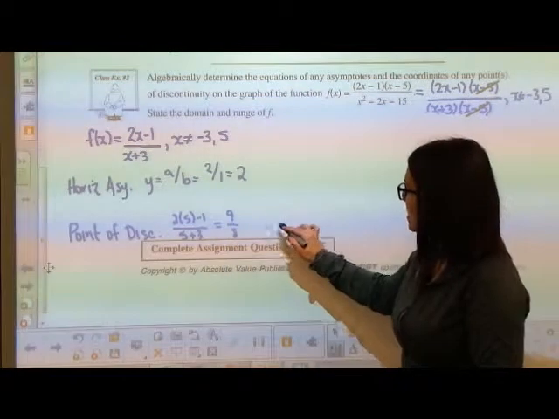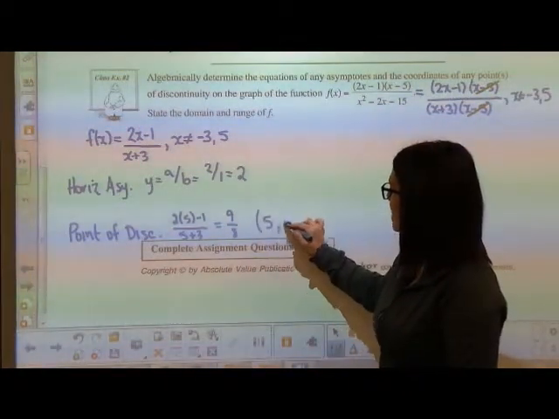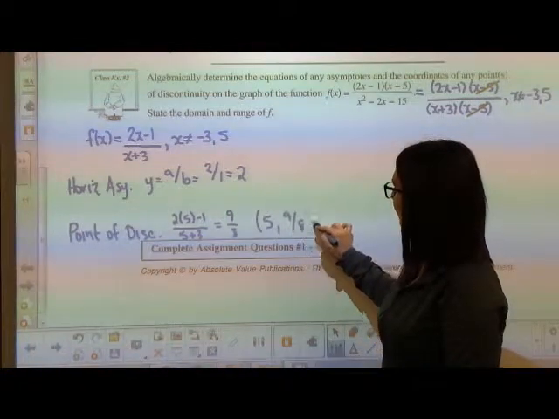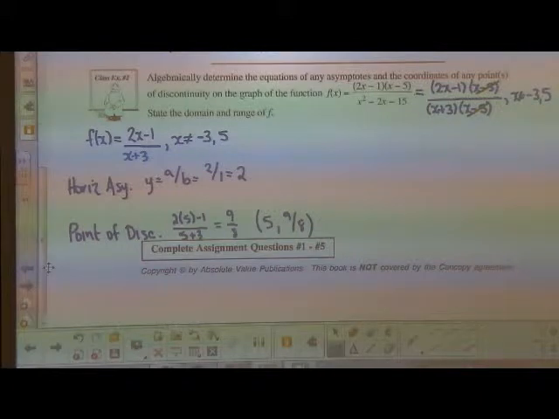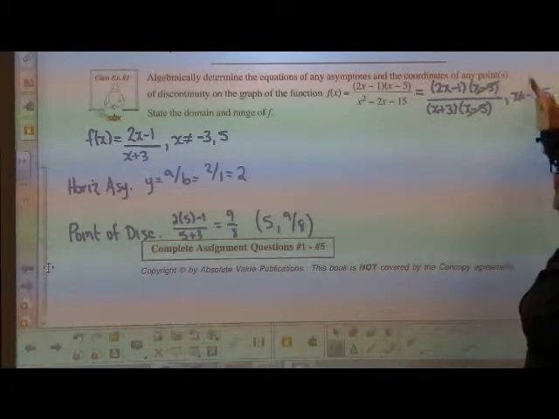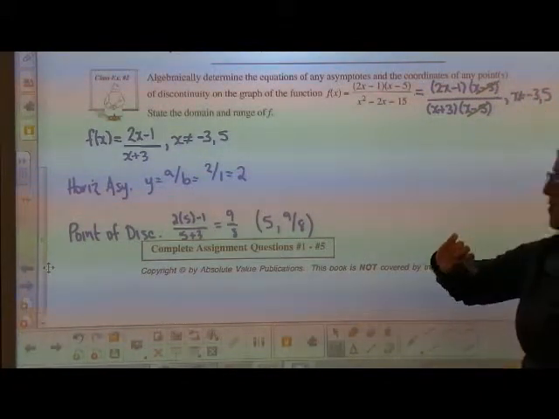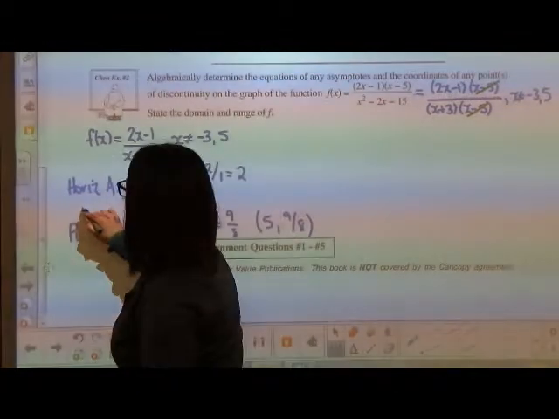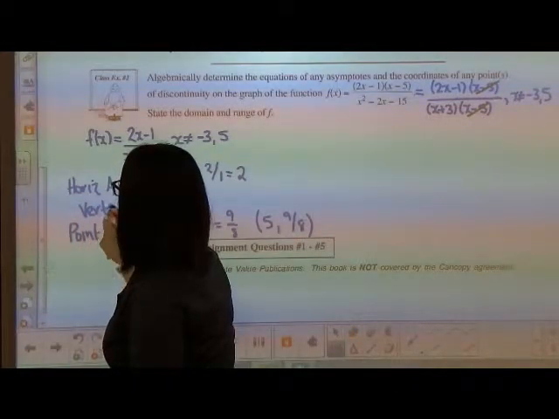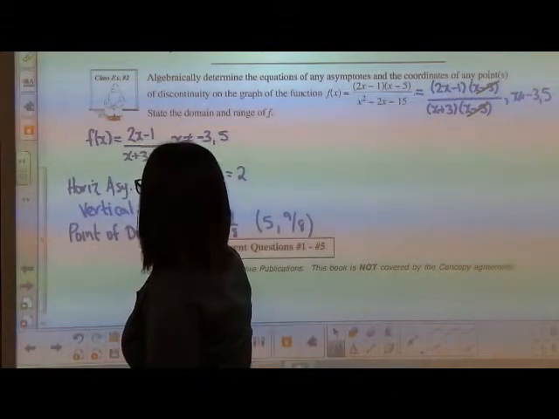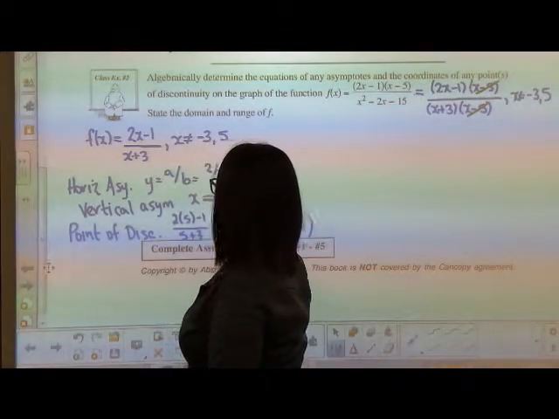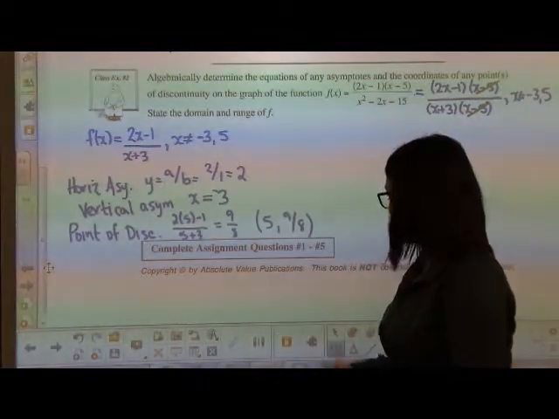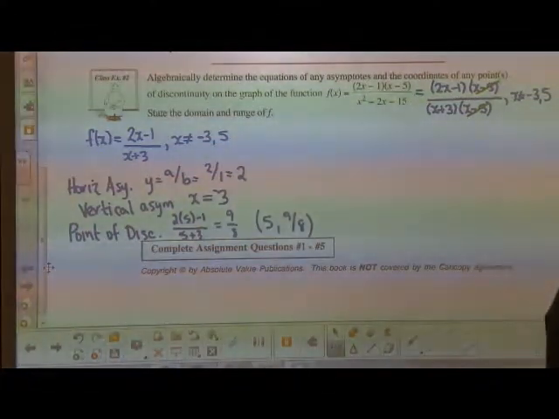So the point of discontinuity would be at the point 5 and 9/8. And then I have this non-permissible value that x cannot equal negative 3. That gives me a vertical asymptote. x is equal to negative 3. That becomes my vertical asymptote.